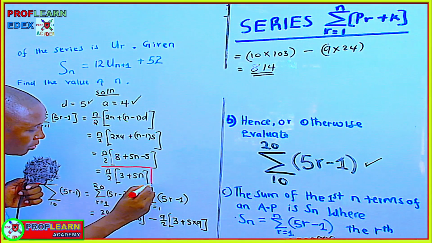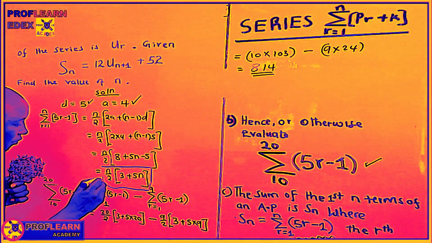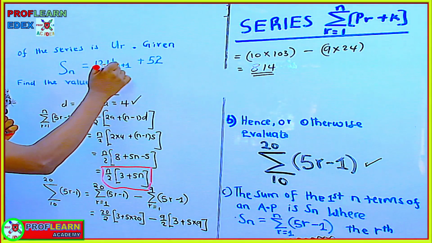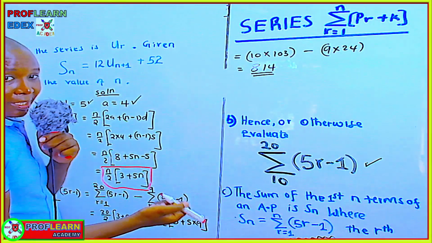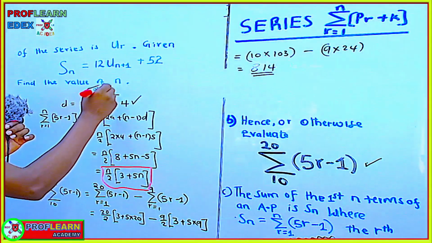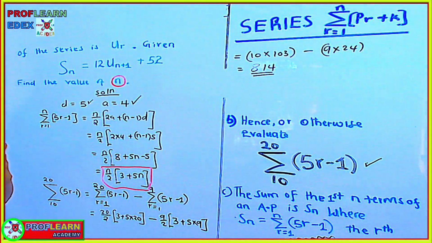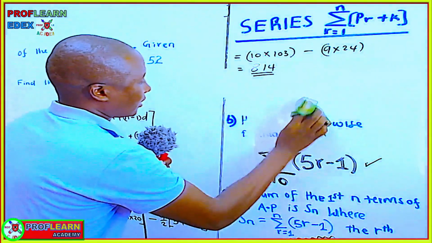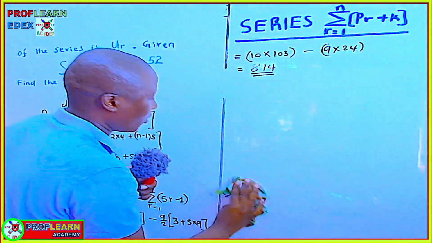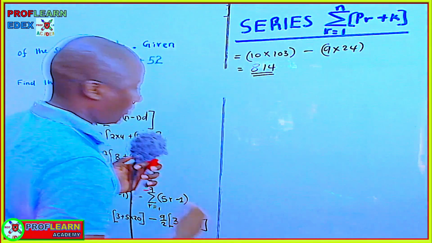This was the expression representing the sum of n terms, and Ur is the nth term. So we are supposed to find the value of n in that case. Let me just erase this so that we can see what that is going to become.